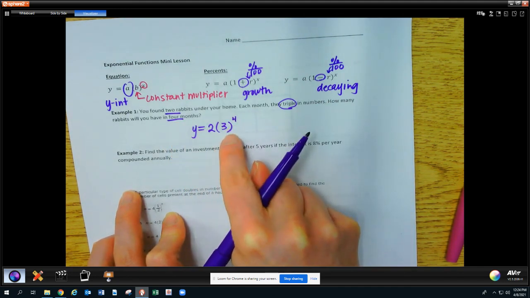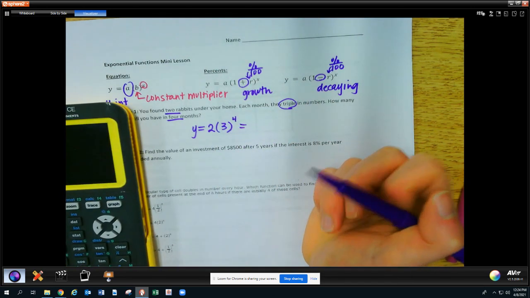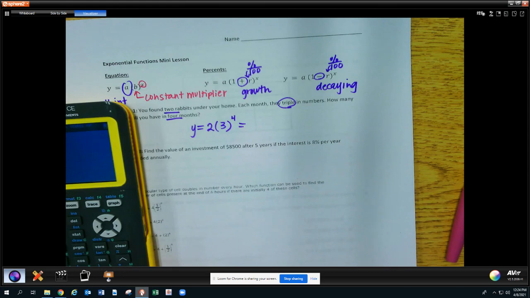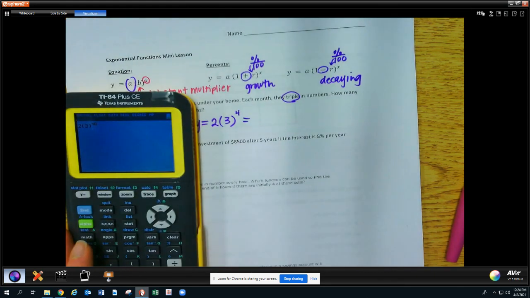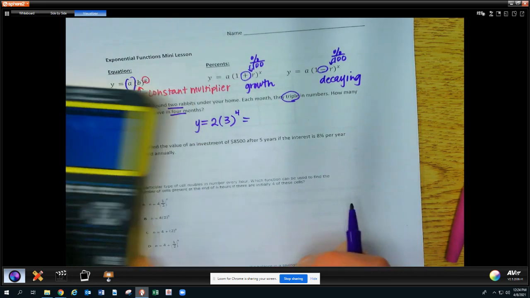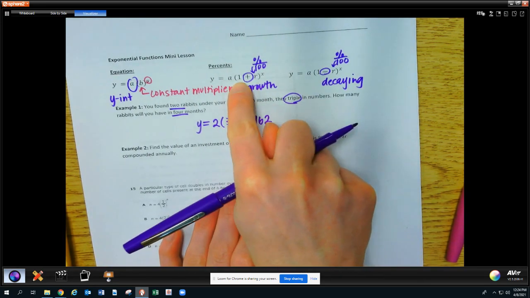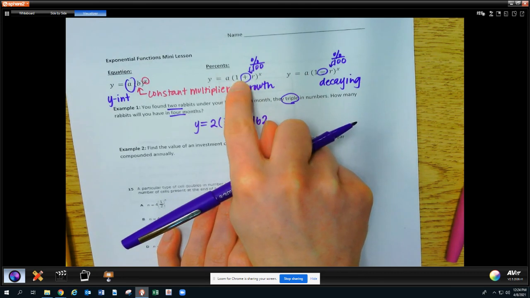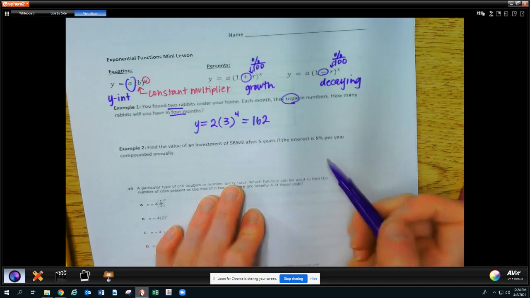So we would do 2 times 3 to the 4th power. Typing that in gives us 162. Notice I didn't add 1 to this because it's not a percent. Only deal with that when you see the word percent.